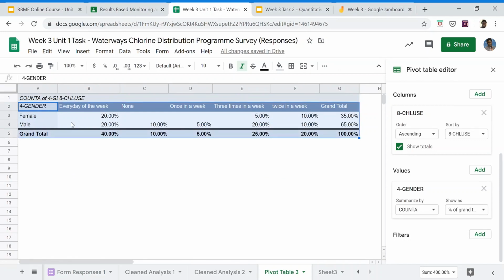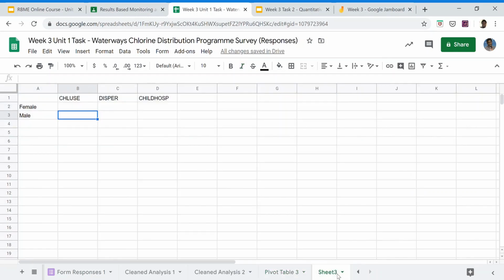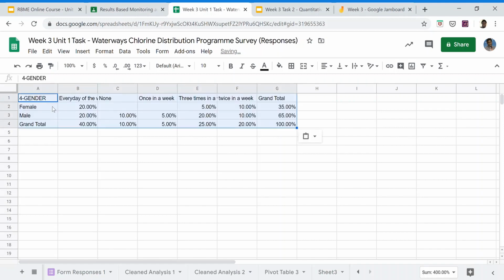What I can do is make sure I have it in a clean format, I like having my chart in a clean format.